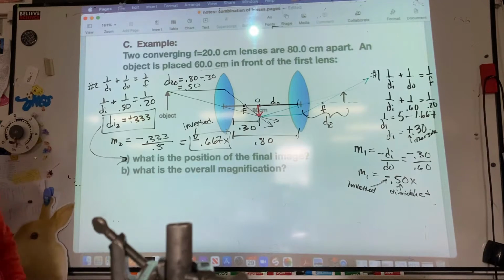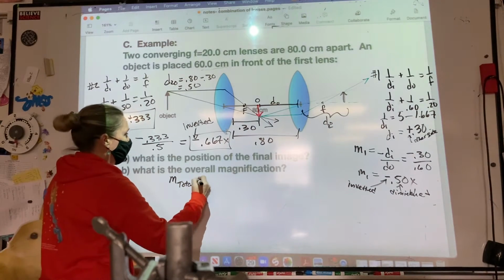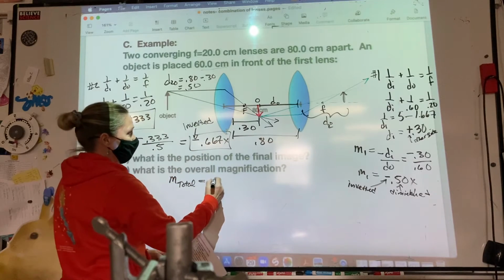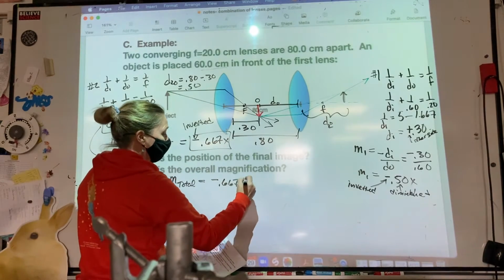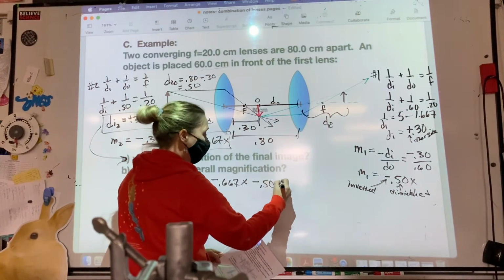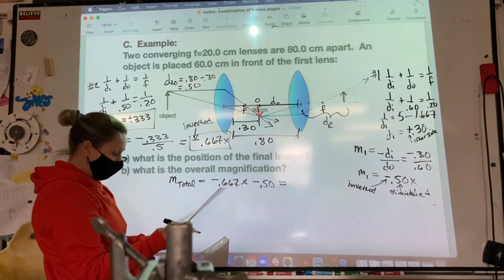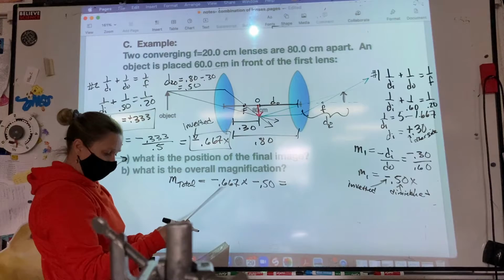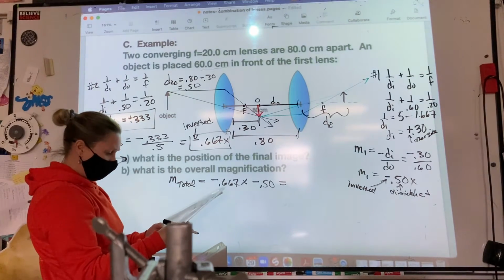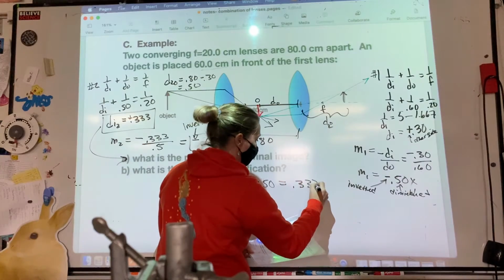So to get the total, M total equals that one, our negative 0.667, times our negative 0.50, and miracle of miracles, we're back to 0.33.